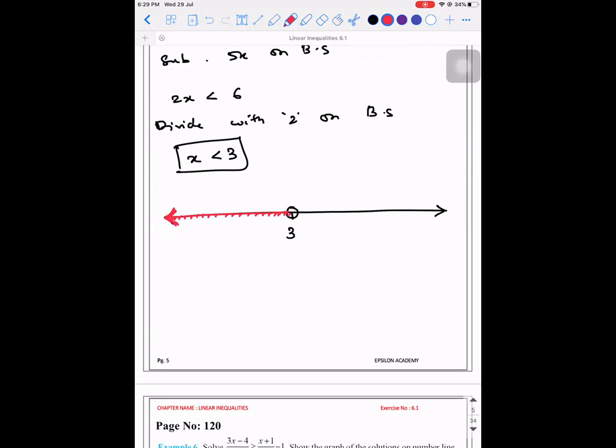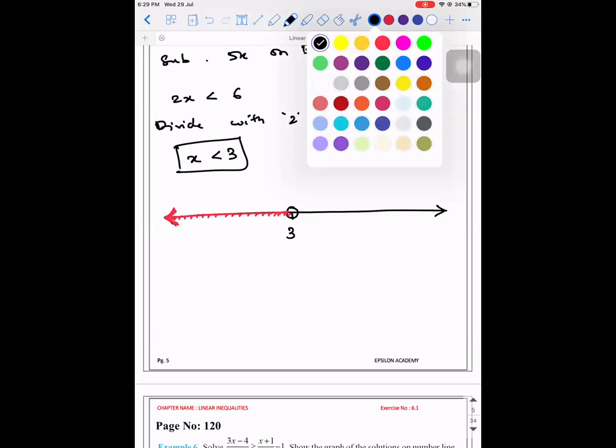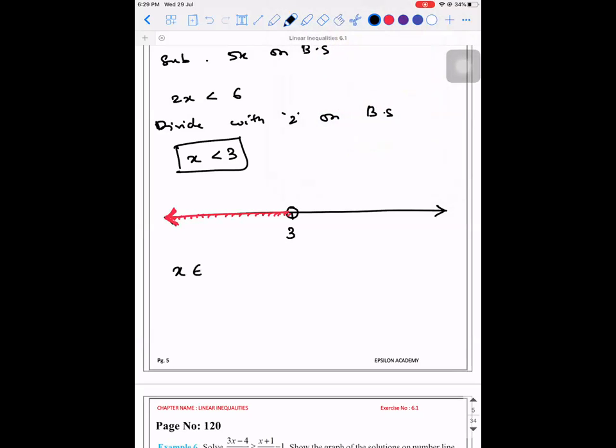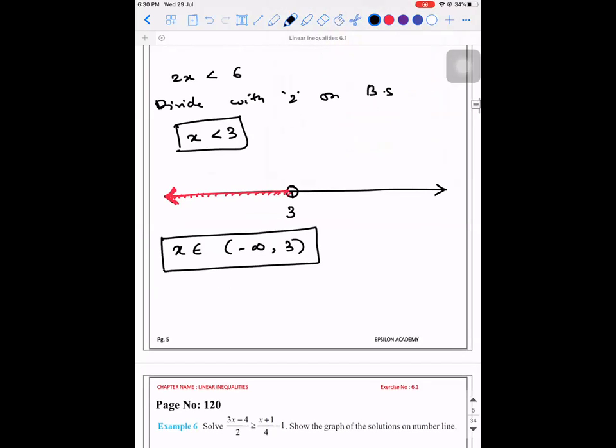So the answer will be x belongs to minus infinity to 3. Is this clear?